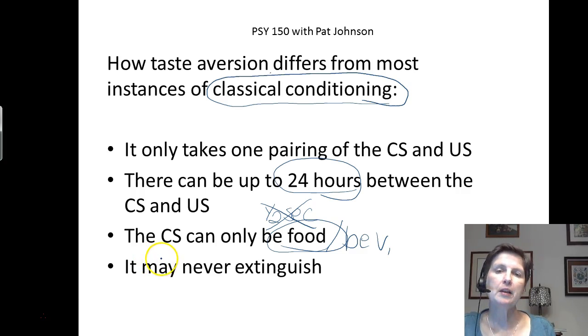We want a brain that rapidly says to us, don't go back to any food that precedes getting violently ill. And so we have this mechanism called taste aversion that happens in an involuntary manner, and it keeps us alive. So that's taste aversion, a particular type of classical conditioning.